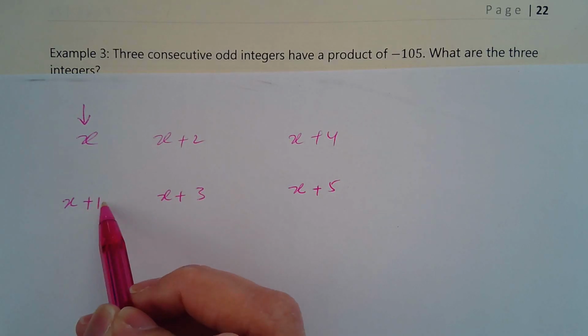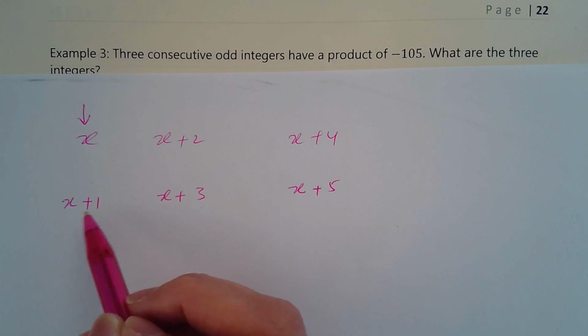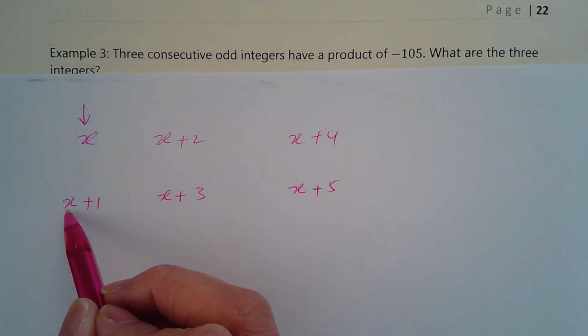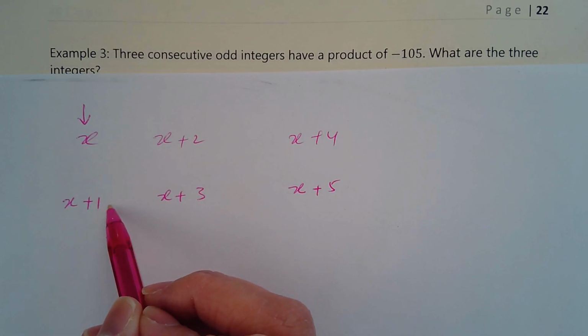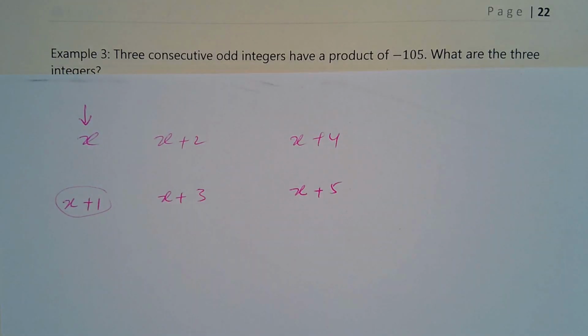if we add 1, it will give us an even number, right? Now, if this is 3 plus 1, that's also going to be an even number. Now, if this is 4 plus 1, it will be an odd number, right? So this one doesn't guarantee an odd number.